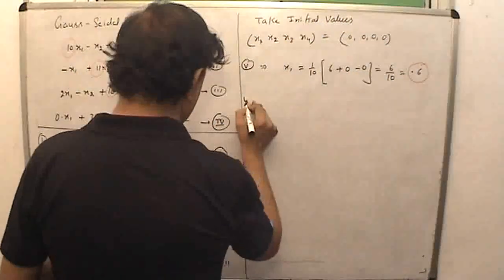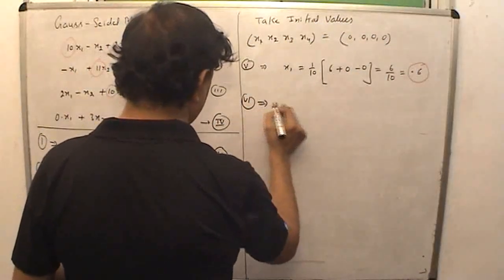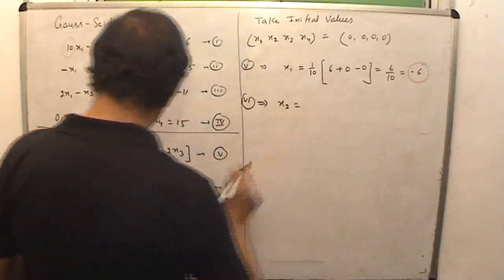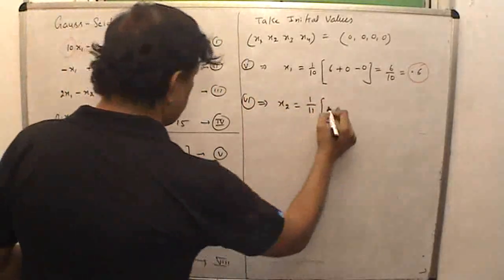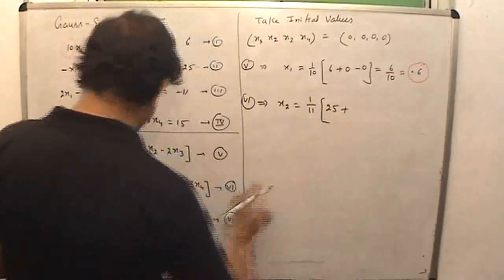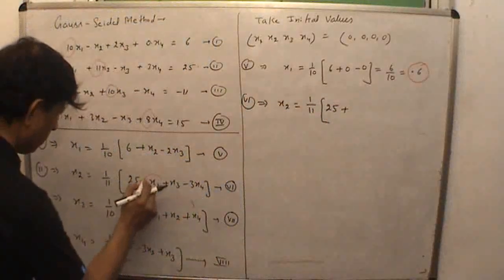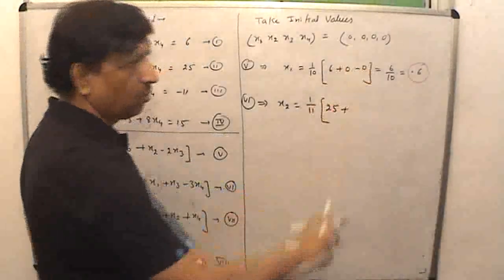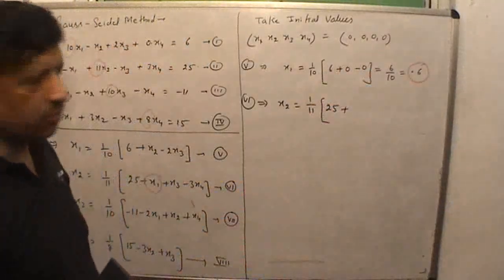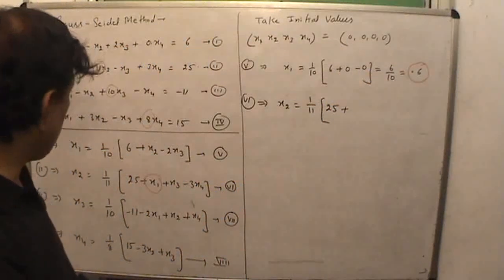Now, from 6 we calculate x2. x2 is equal to 1 by 11 into 25 plus, see, here it is x1, but we will not take x1 as 0 as we used it in the Gauss-Jacobi method.